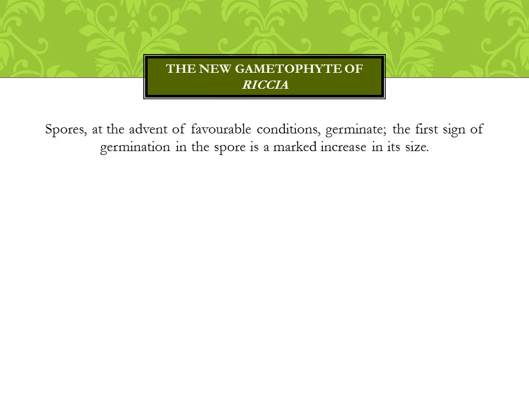The sporophyte produces spores in spore mother cells by the process of meiosis. These spores can germinate during favorable conditions and produce a new gametophytic plant.